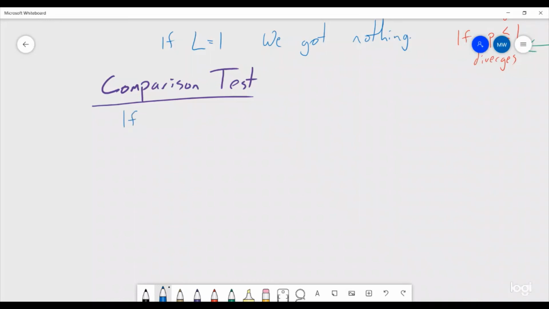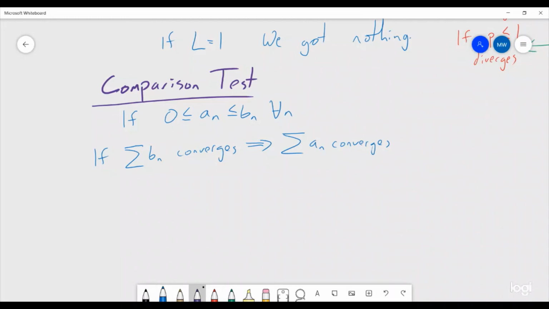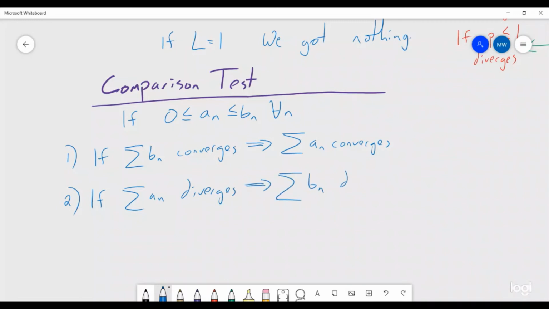If 0 is less than or equal to a sub n is less than or equal to b sub n for all n, we now have 2 different things. 1: if the sum of b sub n converges, then the sum of a sub n converges. And 2: if the sum of a sub n diverges, then the sum of b sub n diverges.